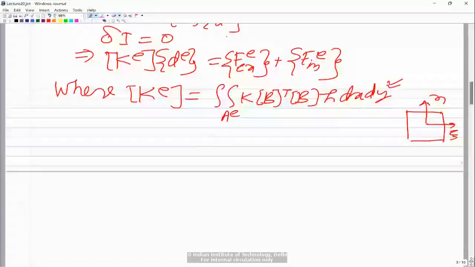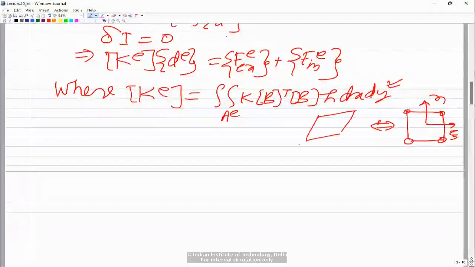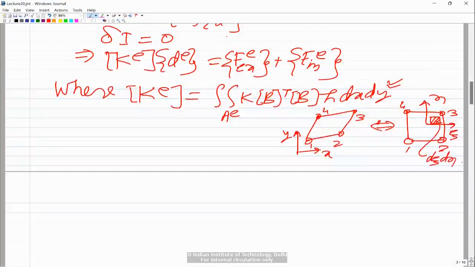If you look at this mapping from physical coordinate space to natural coordinate space, if you take this element x, y, and the same nodes 1, 2, 3, and 4, there is a corresponding mapping 1, 2, 3, 4, the same logic. So if you take any element of length d xi d eta in the natural coordinate space, this area is going to be d xi into d eta, a differential area, and that area would correspond to some area like this in the physical coordinate space.